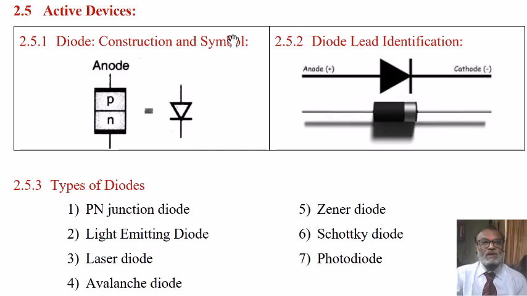Let us see now the active devices. The active devices mostly include the semiconductor devices and various generators which deliver the power for voltage sources and current sources. We will see here the PN junction diode. The PN junction diode construction is shown in the figure.